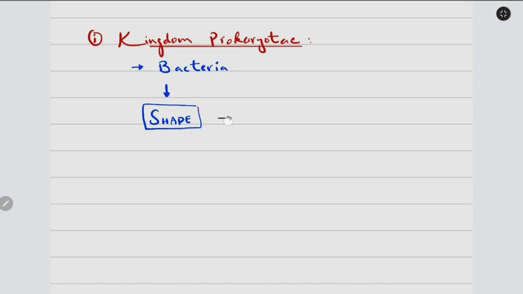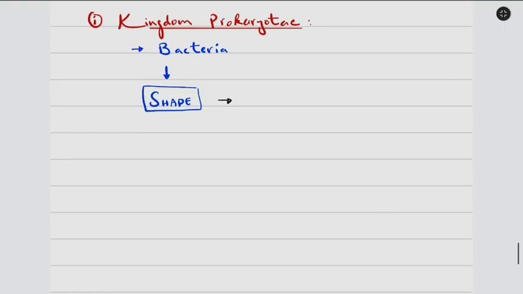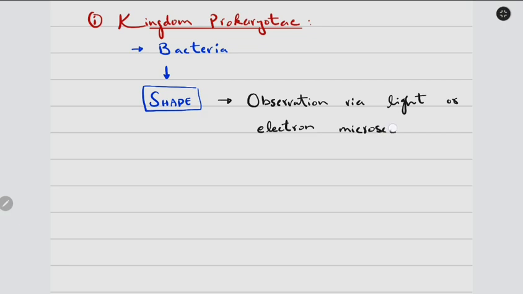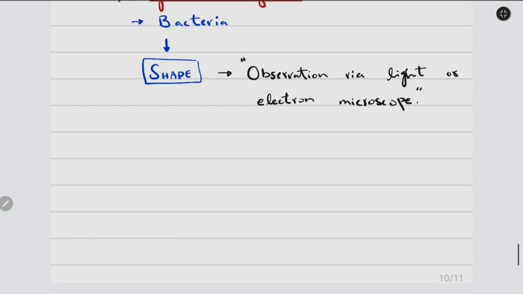You cannot observe bacteria with your naked eye, but you can observe them with a light microscope and in much more detail with an electron microscope.